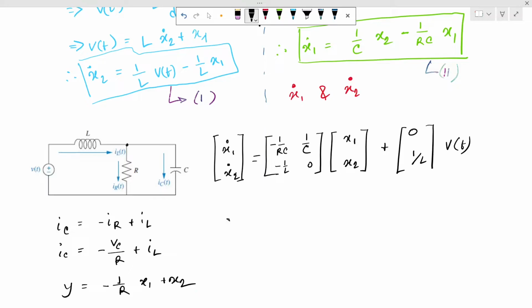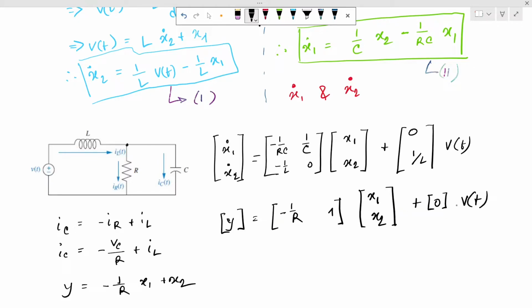In the same manner, y will be minus 1 by R, 1 times the x1, x2 state vectors, plus 0 into Vt, which is the input. So how does this work? If I multiply x1 into minus 1 by R and x2 into 1, just like this equation 3, we will obtain y. So this is just simple matrix multiplication.